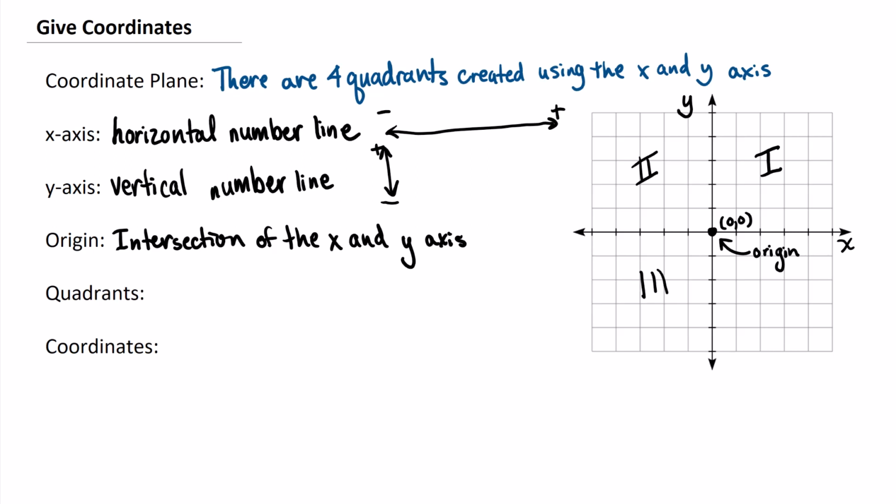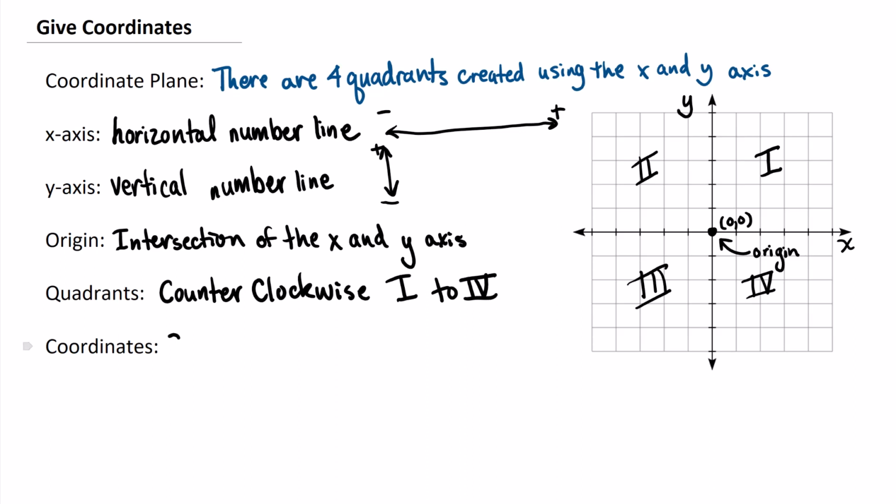Quadrant 3 is the bottom left, and quadrant 4 is the bottom right. So we start in the top right corner and we go around down into the left and then back around to the right again. Notice that these are listed in Roman numerals. So counterclockwise quadrants from quadrant 1 to quadrant 4.